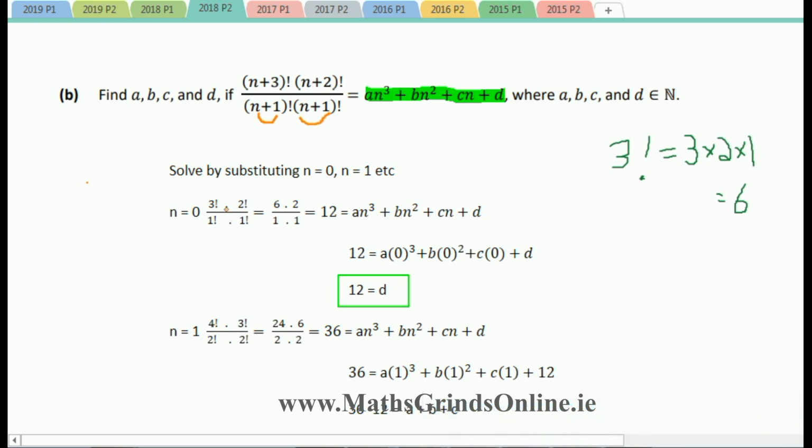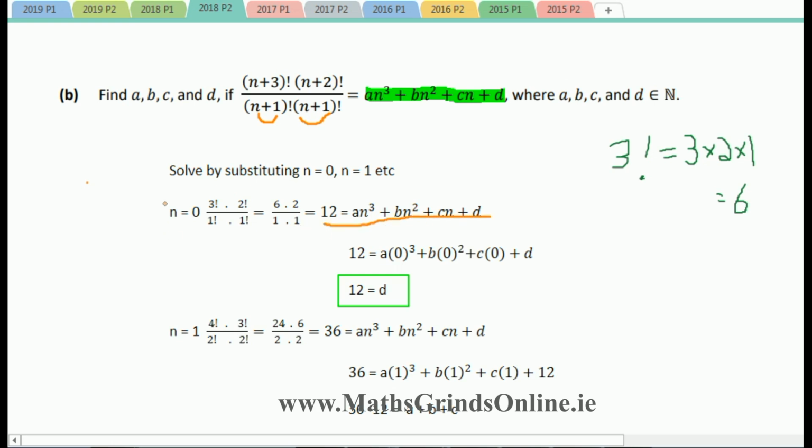So we get 3 factorial times 2 factorial over 1 factorial times 1 factorial. I've already mentioned what 3 factorial is. 2 factorial is obviously 2 times 1, and 1 factorial is effectively 1 times 1. So you can see I have all that done out there. We get 12 over 1, which is 12. So 12 is equal to this here.